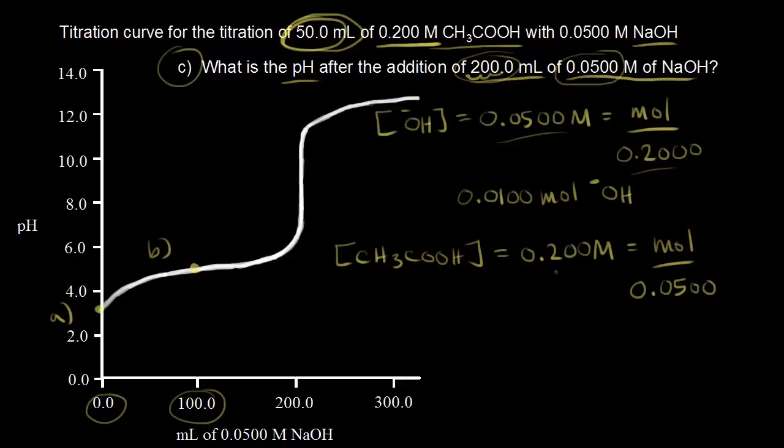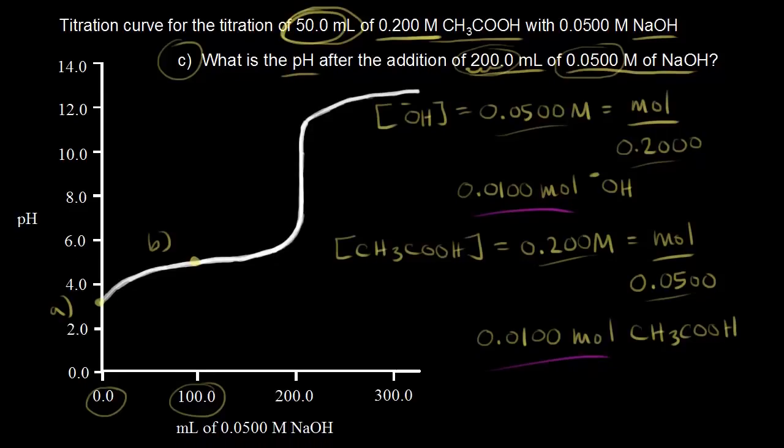Once again, solve for moles. So 0.2 times 0.05 gives us 0.010 moles of acetic acid. Notice we have the same number of moles of acid as we do of base, and the base is going to neutralize the acid.